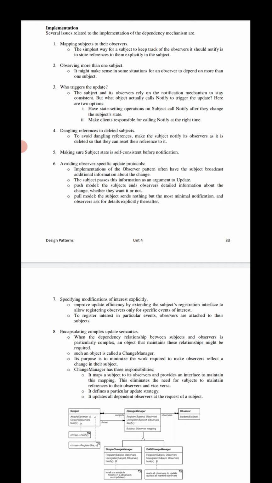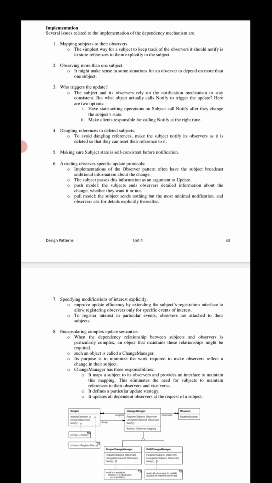The pull model emphasizes the subject's ignorance of its observers, whereas the push model assumes the subject knows something about its observers' needs. So the push model might make observers less reusable, because subject classes make assumptions about the observer classes that might not always be true.